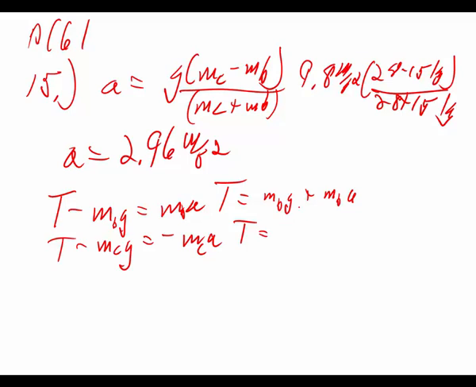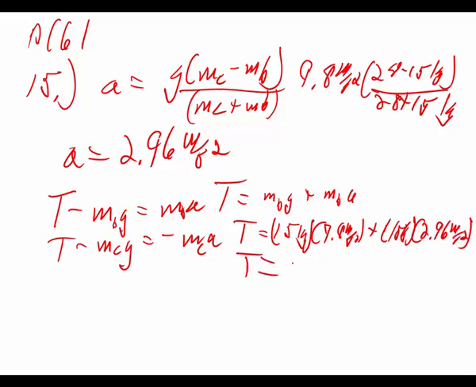The bricks were 15 kg, times 9.8, plus 15 kg times 2.96, and we got a tension of 191.4 newtons.